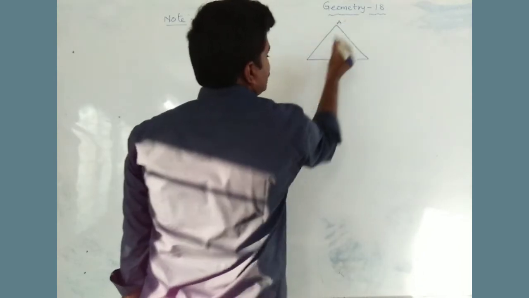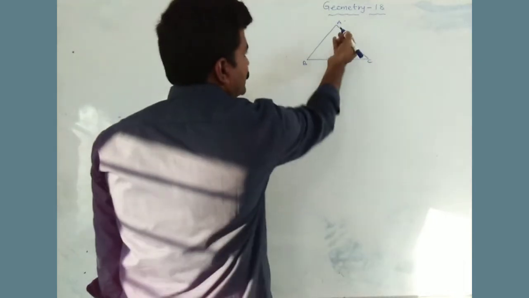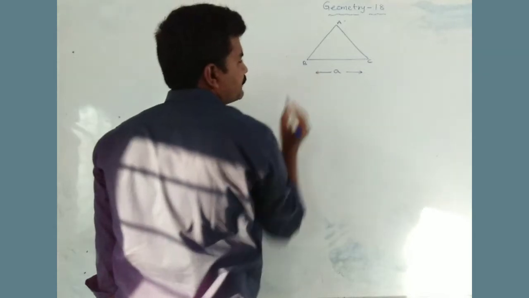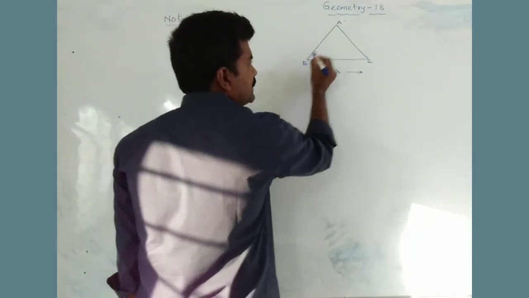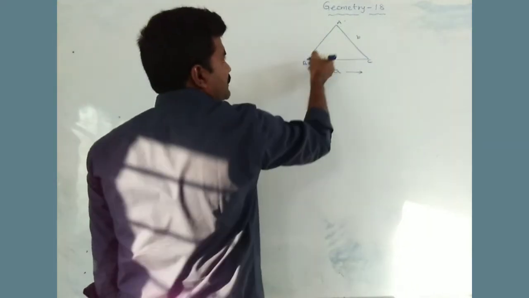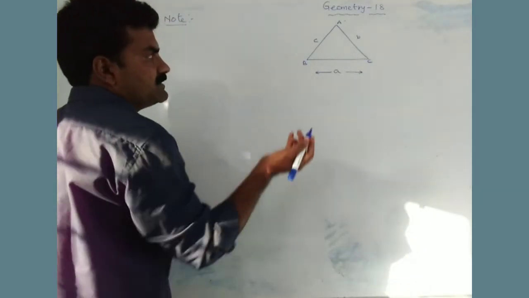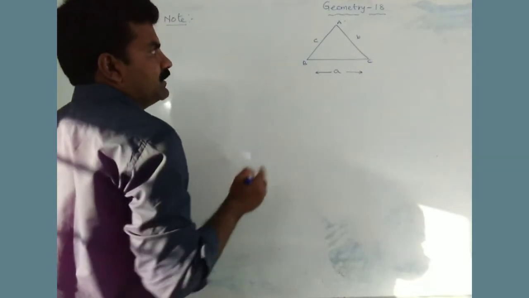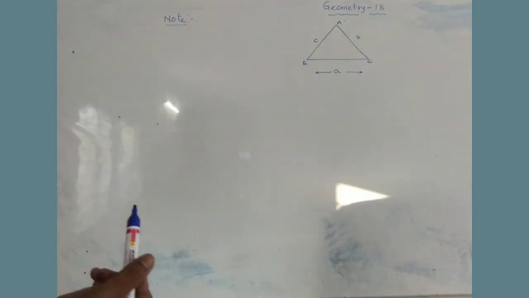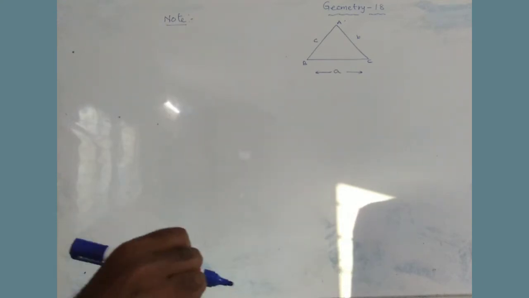Suppose ABC is a triangle, and we know that the side opposite vertex A is denoted with small a, the side opposite vertex B is denoted by small b, and similarly the side opposite vertex C is small c. So capital A, capital B, capital C denote vertices, whereas small a, small b, small c denote sides of the triangle.